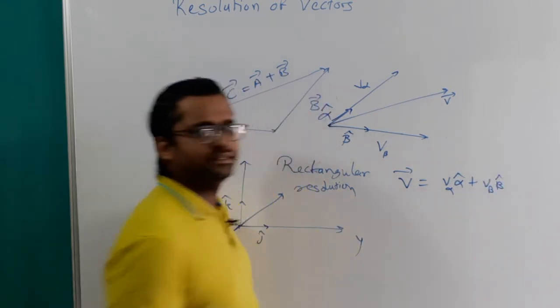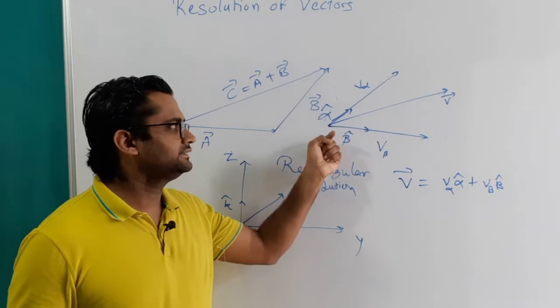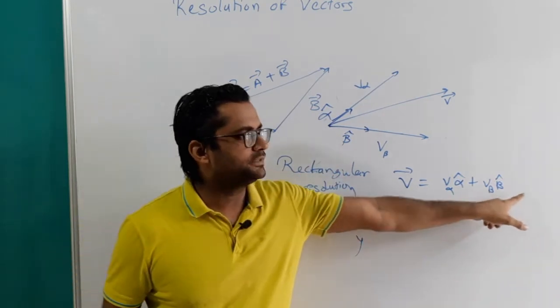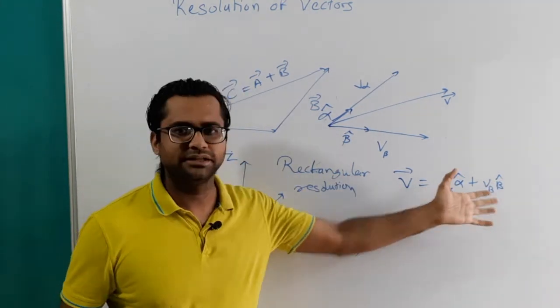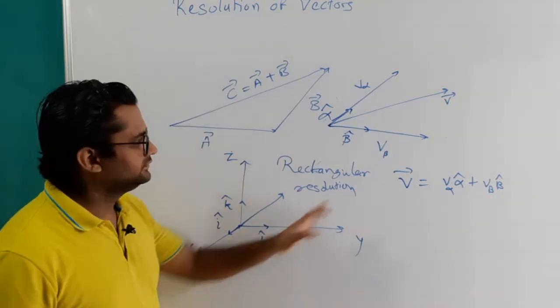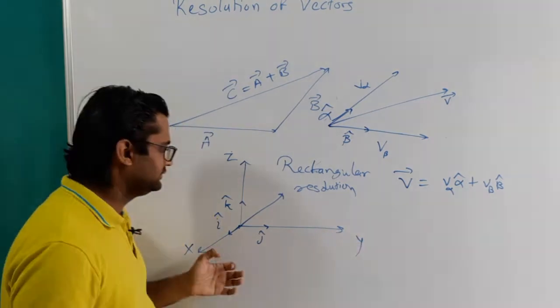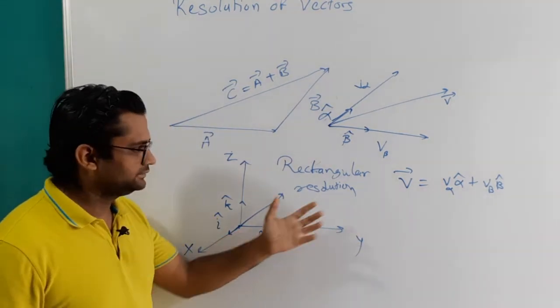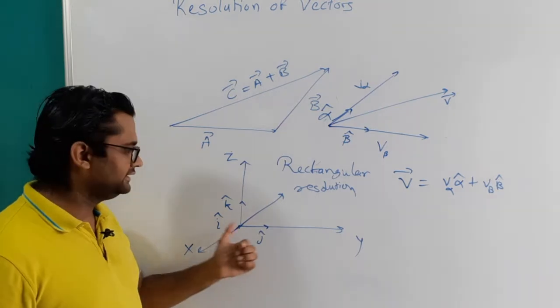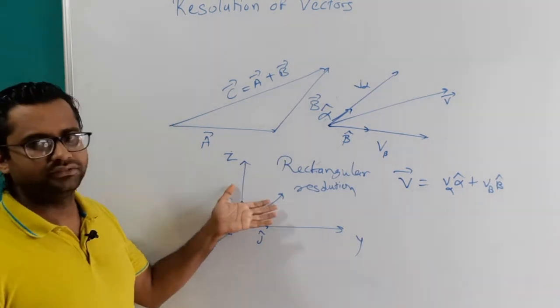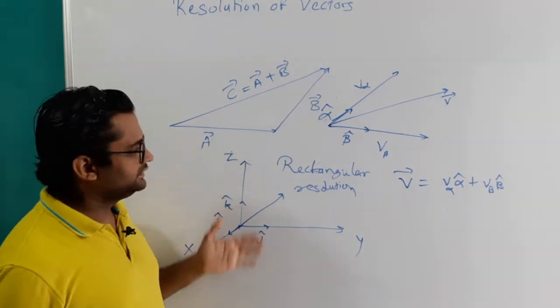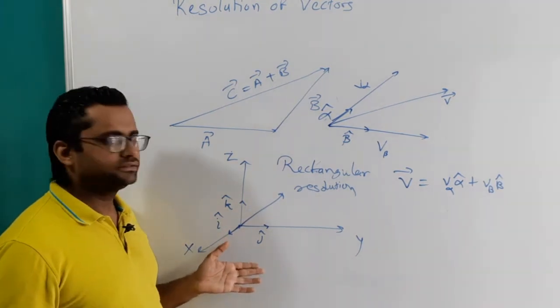And in general, if we have one more direction, let us say gamma, then we can write v gamma cap, where alpha, beta, gamma are general directions. Now we don't deal with such examples in our physics syllabus of this year. We deal with the x direction unit vector, y direction unit vector, and z direction unit vector, so we mostly deal with the rectangular components.